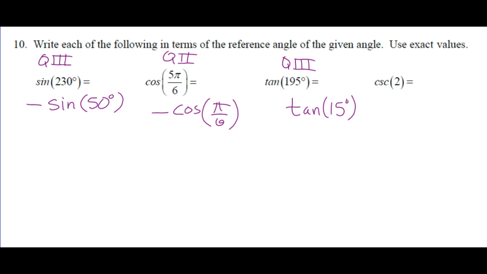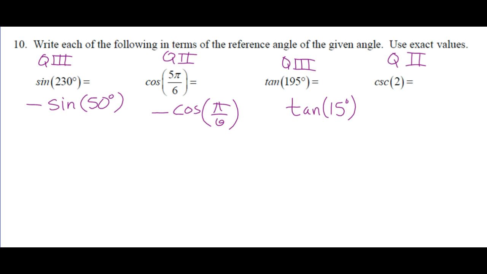2. Which quadrant is 2 in? 2 is in quadrant 2. Quadrant 1 goes from 0 to pi over 2. Pi over 2 is a half of 3.14, which is less than 2. It goes up to pi, right? Quadrant 2 goes from pi over 2 to pi, which is 1.57 to 3.14, so 2 fits in there.